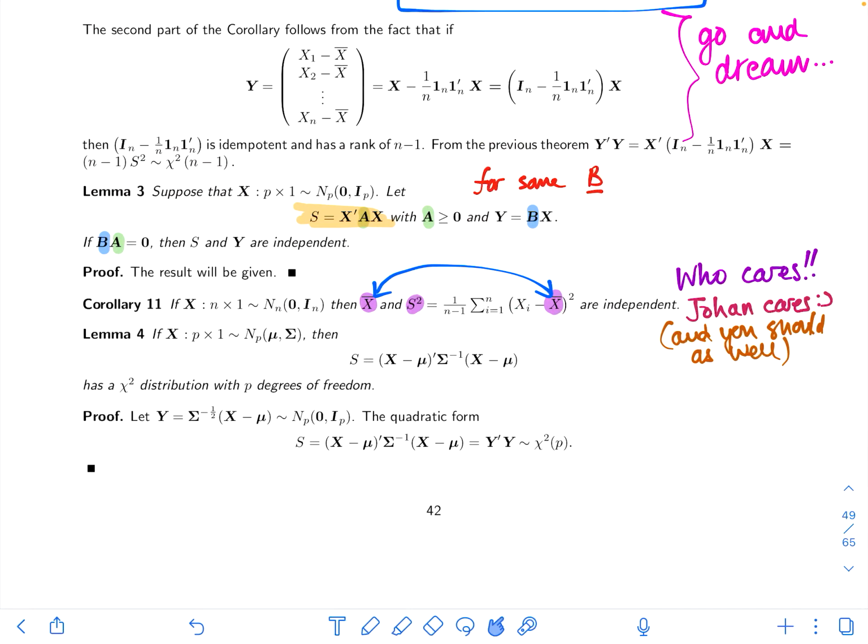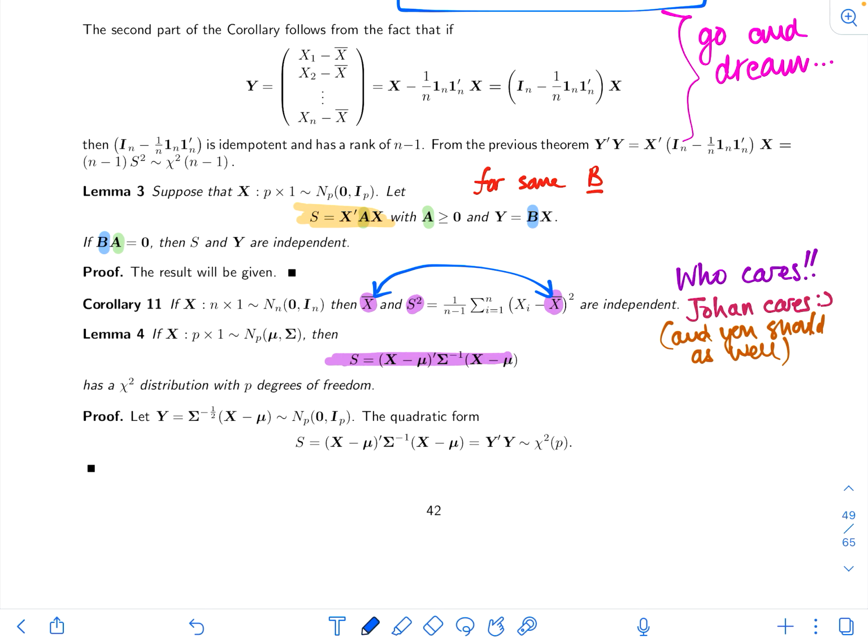Now, when we look at any x coming from a multivariate normal distribution with mean mu and covariance sigma, then my quadratic form is actually x minus mu transpose sigma inverse x minus mu. And that S has a chi-square distribution with p degrees of freedom.